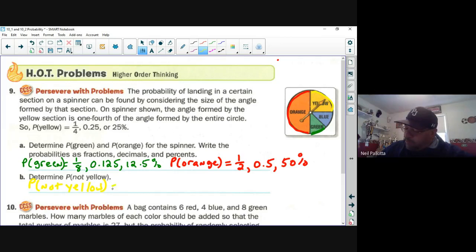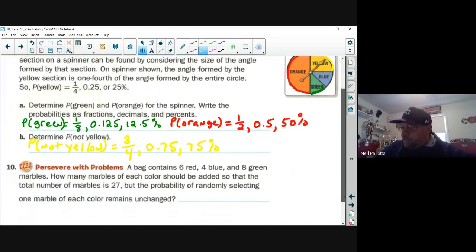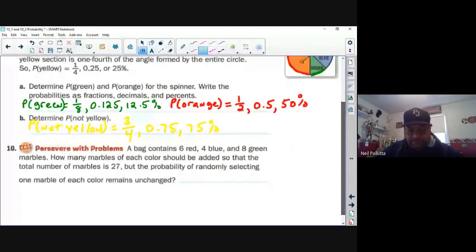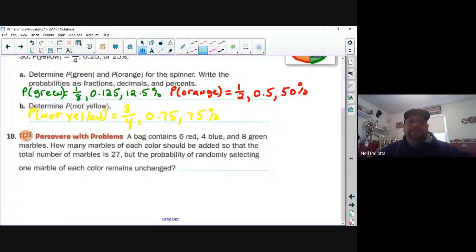The complement of 1/4 would be 3/4. So the probability of not yellow would be 3/4, which is 75 hundredths or 75%. Okay?